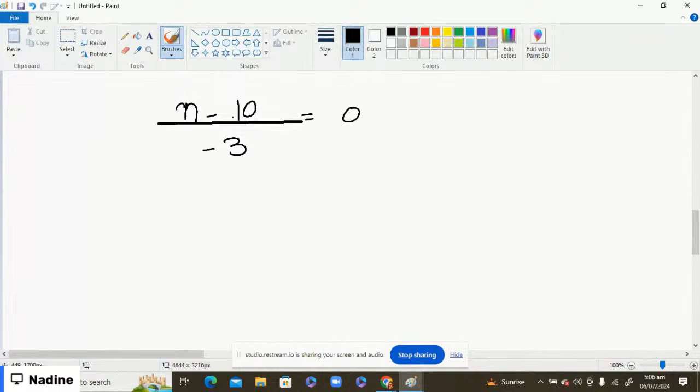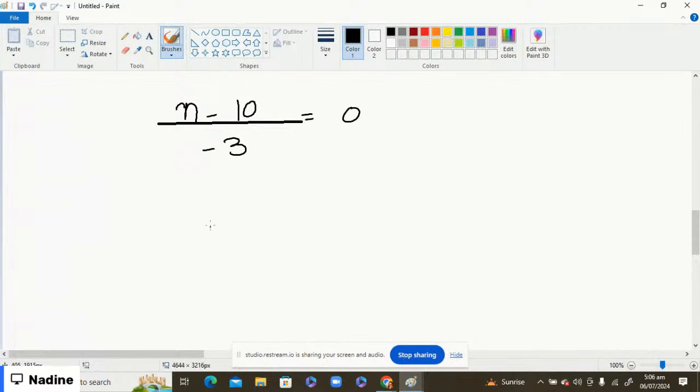Look at here. If some number is added, then we subtract that number on both sides to cancel it out. If some number is subtracted, then we add the number to cancel it out. If some number is divided, we multiply by the same number and then we get the answer.